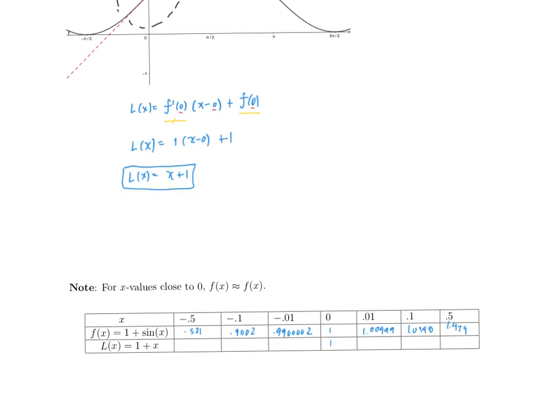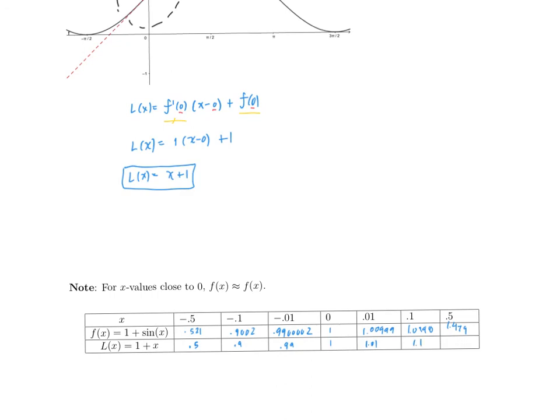When it comes to looking at the equation of a line, like say 1 plus x, it is much simpler to substitute in those values of x. If x is 0.5, we get out 0.5. If x is 0.1, we get out 0.9. If it's minus 0.01, we get out 0.99, and so on.